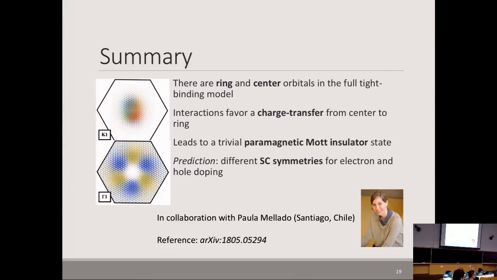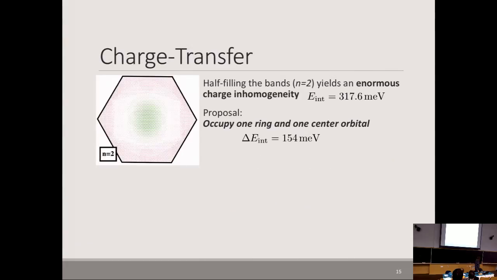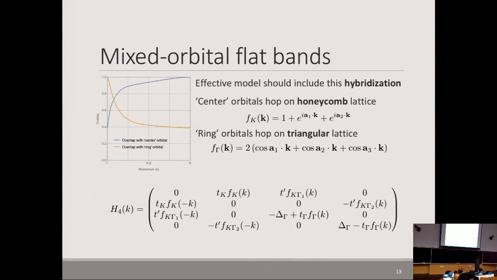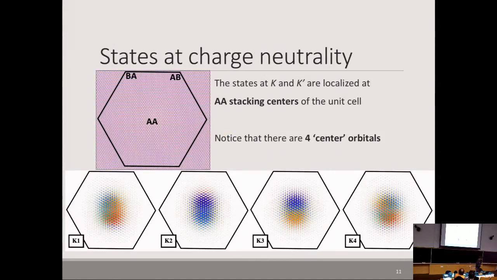I don't understand. I mean, these colored guys, this is within one unit cell, just a wave function, right? You want to pretend there are two of this and two of that, right? Yeah, but look, I now go to a particular momentum space. Wait a second. Let me go back. So here are the K ones. These four are orthogonal.